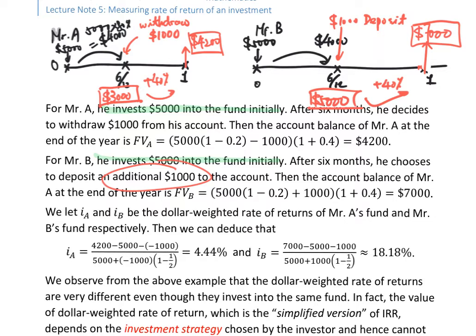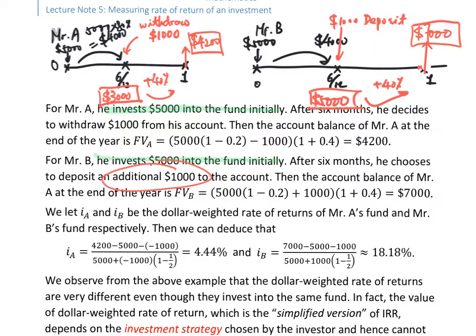If they are the same, then the dollar rate of return really measures the performance of the investment fund, independent of the investment action. Otherwise, if these two numbers are different, then the IRR is also affected by the investment strategy made by the investor.